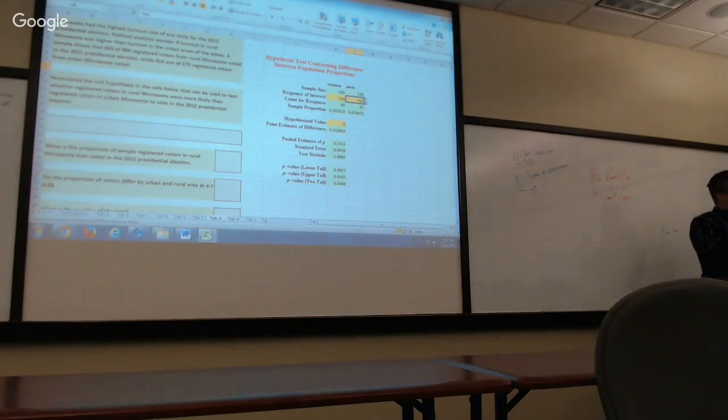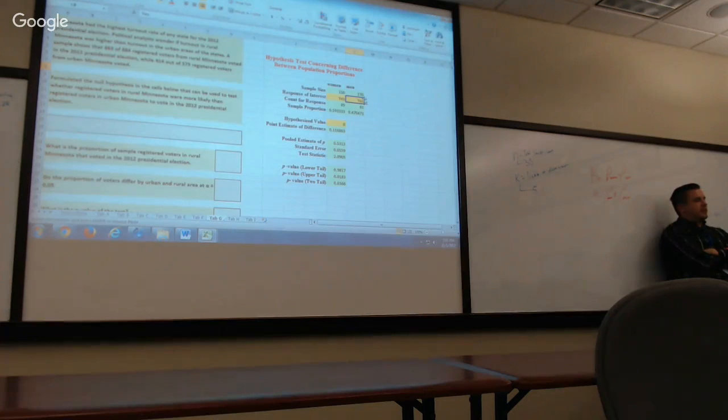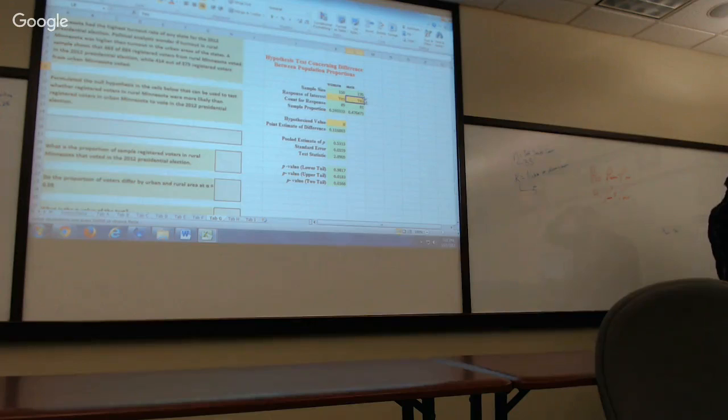Minnesota had the highest turnout rate of any state in the 2012 presidential election. Political analysts wondered if turnout in rural Minnesota was higher than turnout in urban areas of the state. A sample shows that 663 of 884 registered voters in rural Minnesota voted in the 2012 presidential election, while 414 of 575 registered voters from urban Minnesota voted.